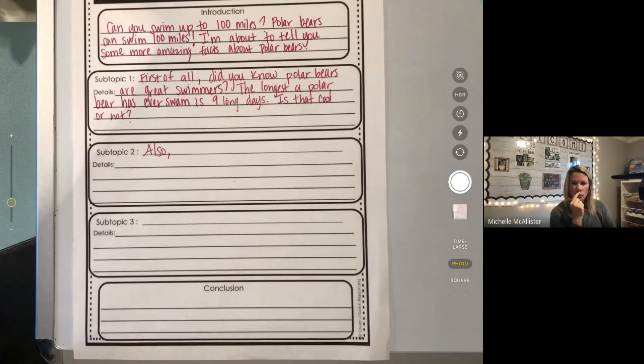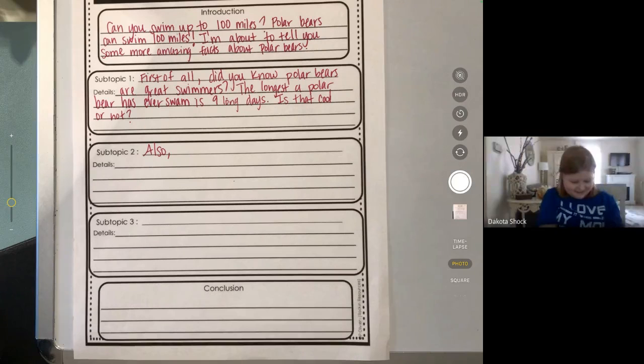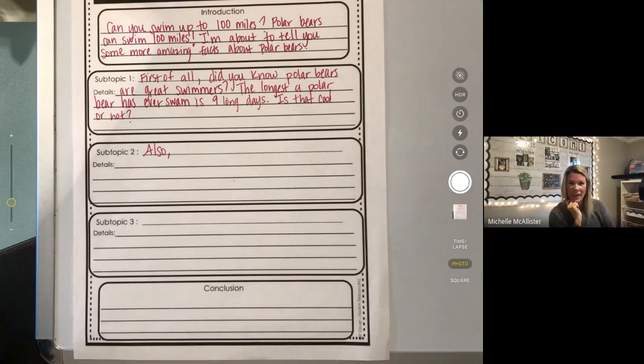But keep thinking about it. Let's see. Okay. Also, did you know that most of the countries decided to protect polar bears? Ooh, I like that, because we're not telling them the whole fact. We're kind of leading them into it. That's awesome.